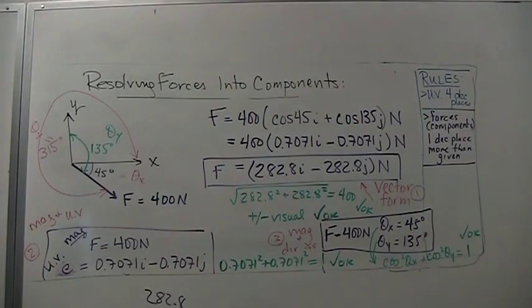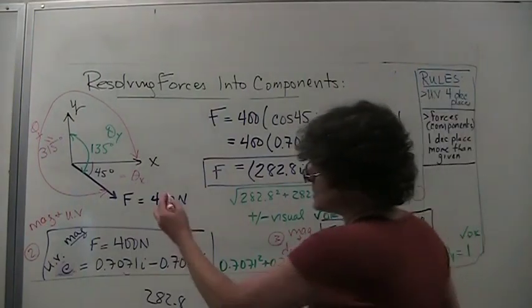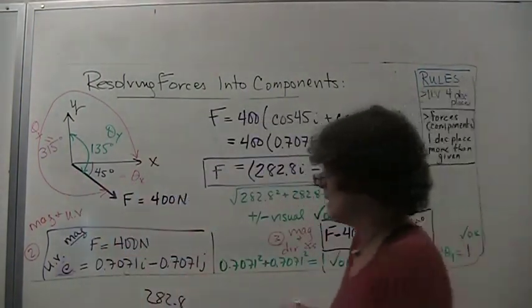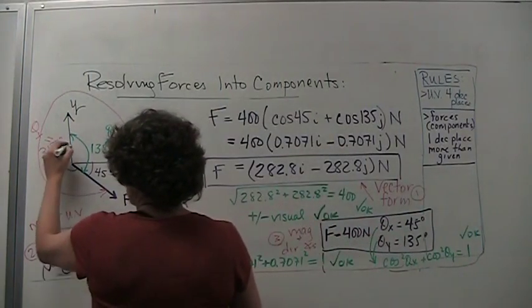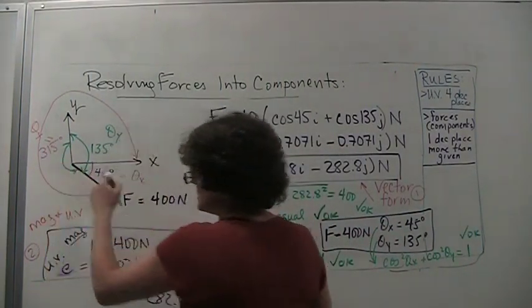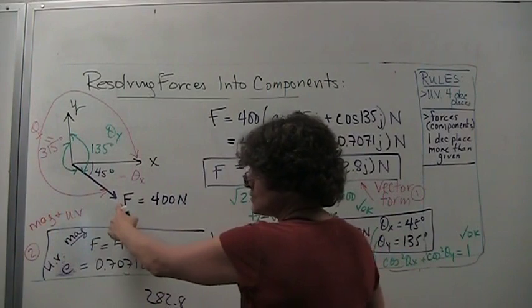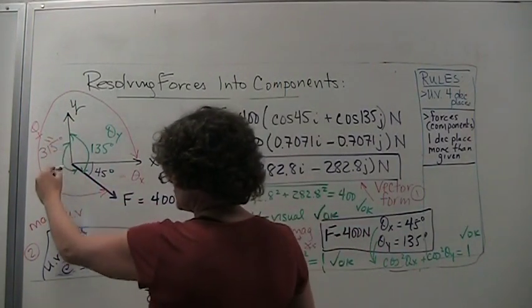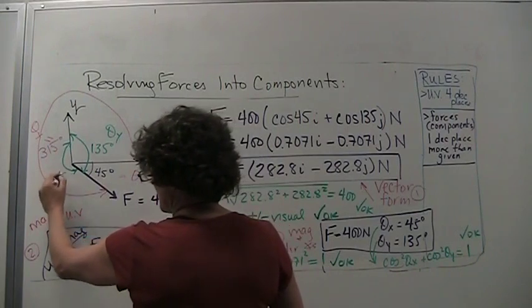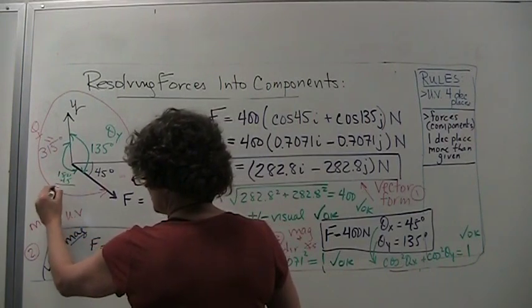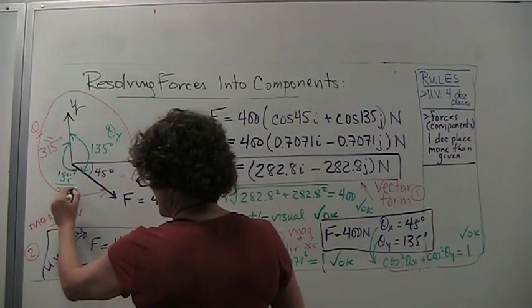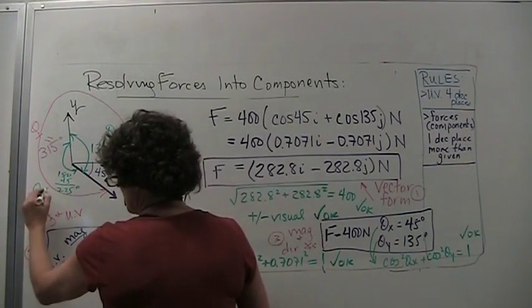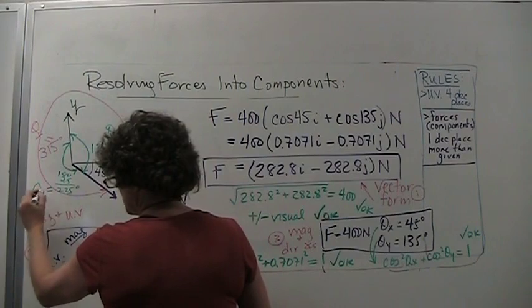It didn't matter. How about theta y? What's the other theta y? The other theta y is this, no? It still represents the angle between the force in question and the positive y-axis. And what angle is this? Well, this is 180 plus 45, that's 225. So that is also theta y.